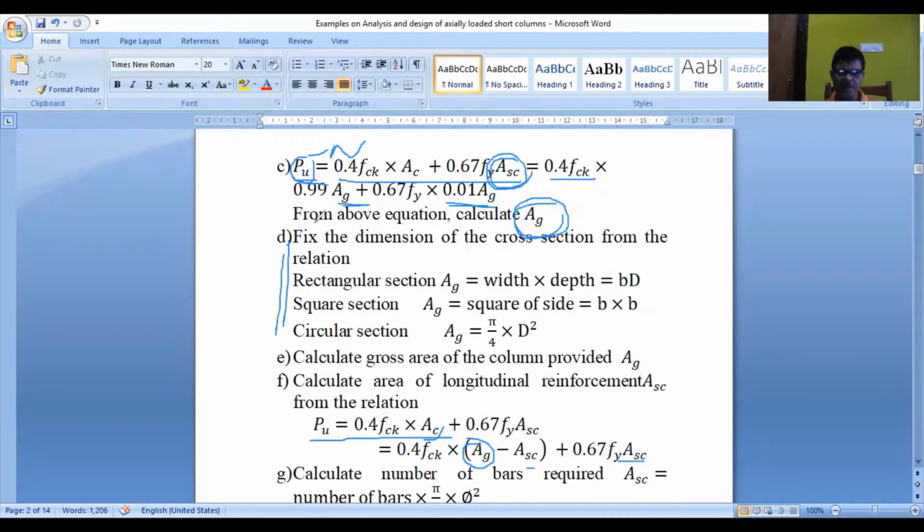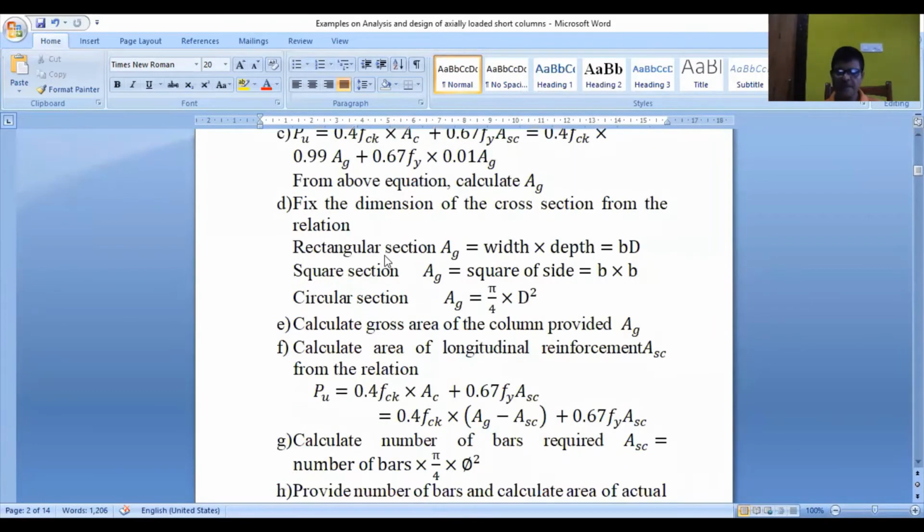Now again, you remember this P is the ultimate load. If it is given working load, or it is given this applied load, then you have to multiply by 1.5 to find out this ultimate load. If it is given limit state load or ultimate load or factored load, then don't multiply by 1.5 to find out the ultimate load.